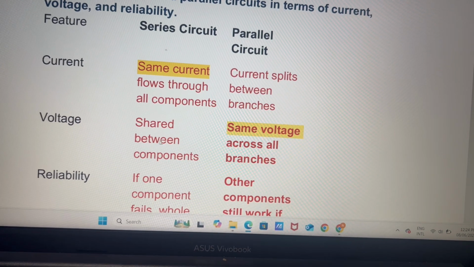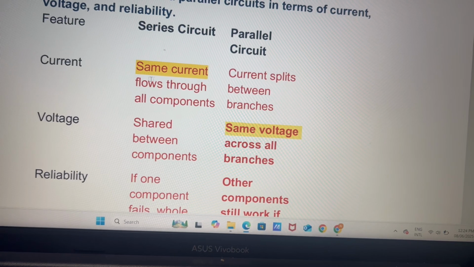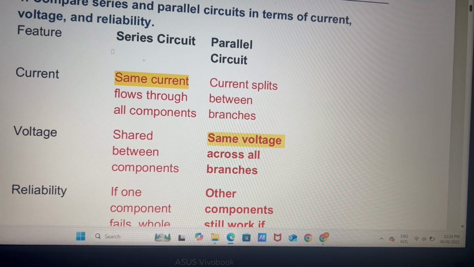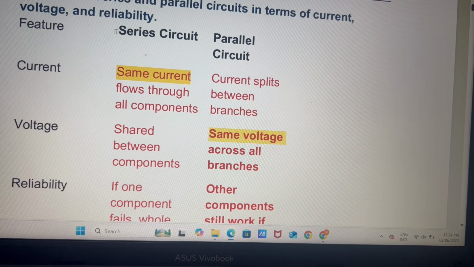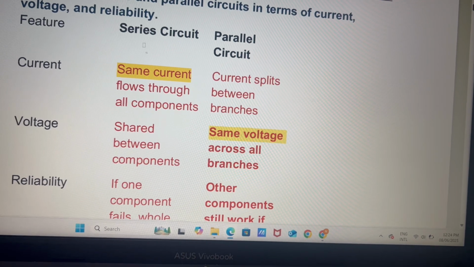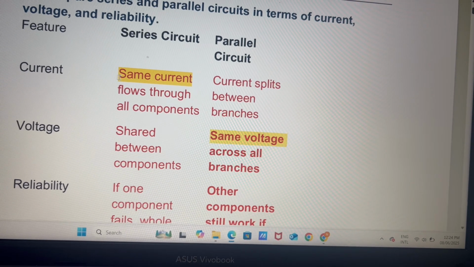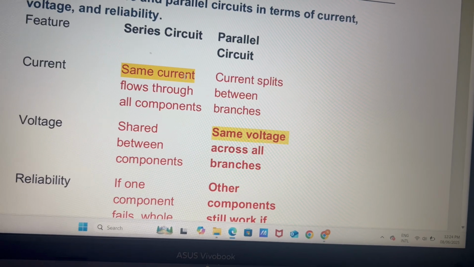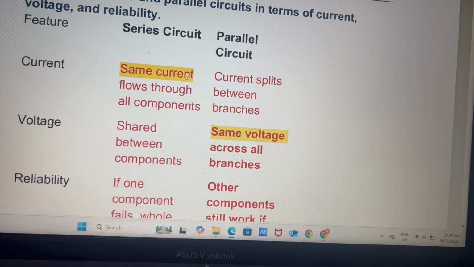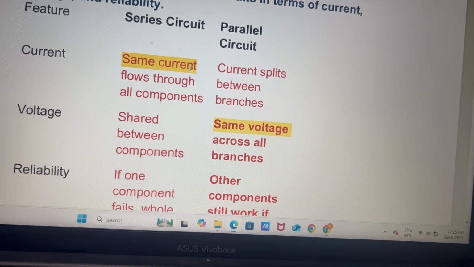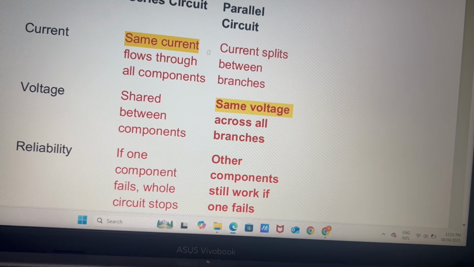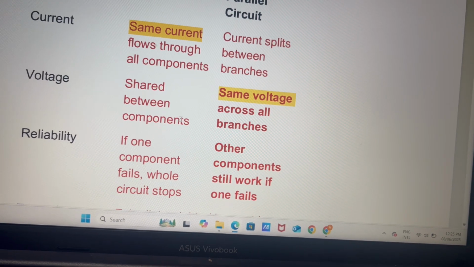For the voltage, before that, how to memorize which one is the same where. Here, series circuit starts with S and ends with T. Same current again starts with S and ends with T. So here S, T, S, T, so you can memorize it easily. For the voltage, it's the opposite. So if you memorize one thing, you can just say the opposite for the voltage and it will be so easy.